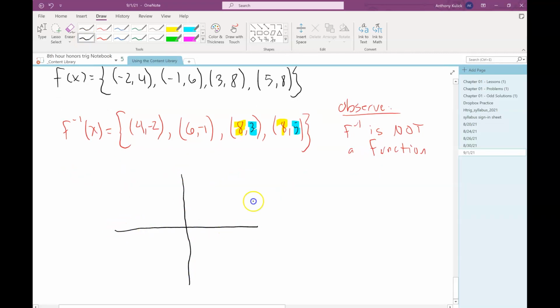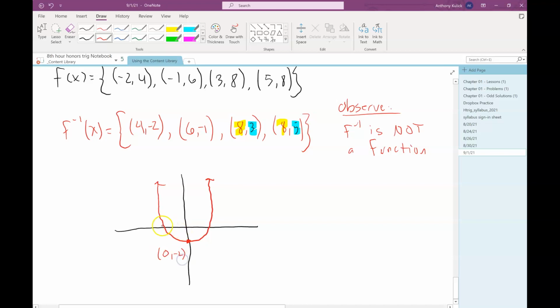A third way we had to represent a function was with a graph. Now, I think the easiest way to create the inverse for this is going to be to find some points on my graph at some key locations.